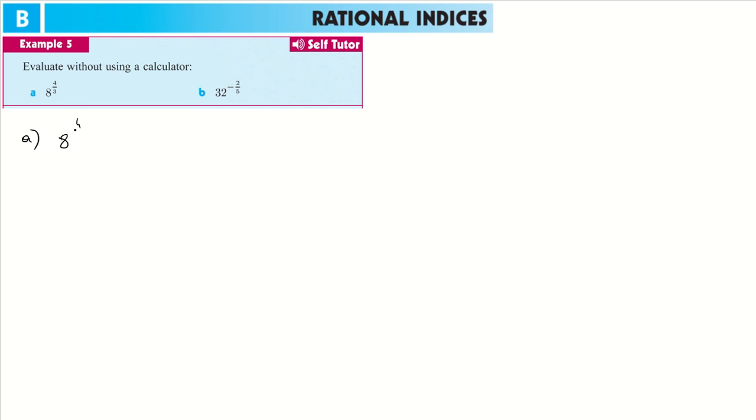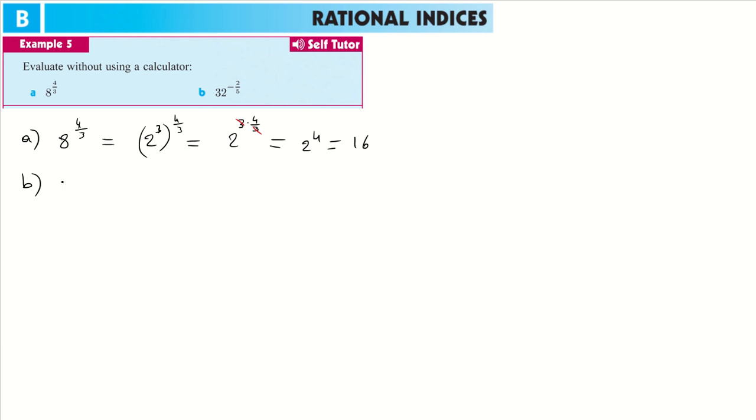So 8 to the power of 4 over 3 is equal to, the 8 is 2 to the power of 3, to the power of 4 over 3. We can write that down as 2 to the power of 3 times 4 over 3. And we have 3 times 4 over 3, so the 3's cancel out. So we have 2 to the power of 4, which is equal to 16.